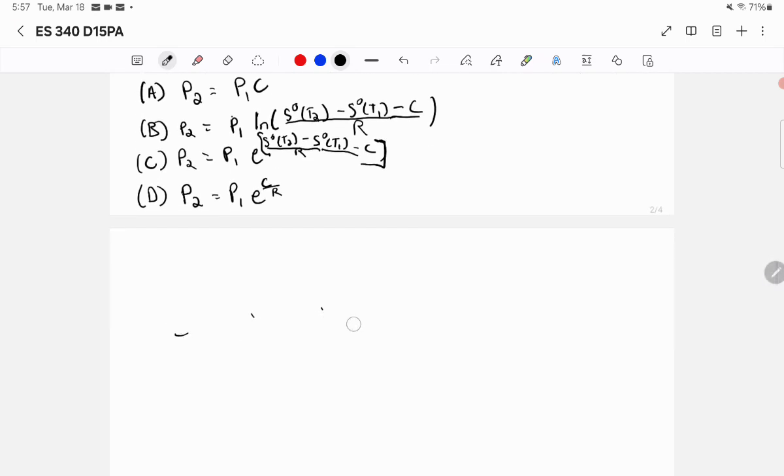Okay, and I'm going to erase this for a second here because I wanted to then also cover the case where the specific heat is constant as well.